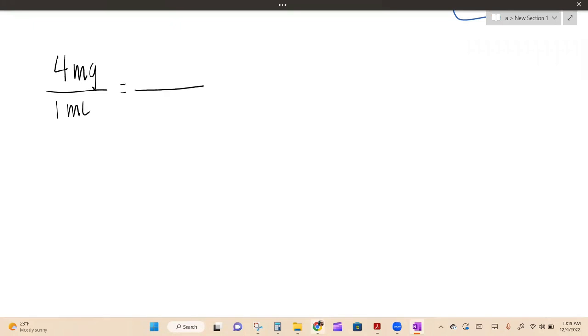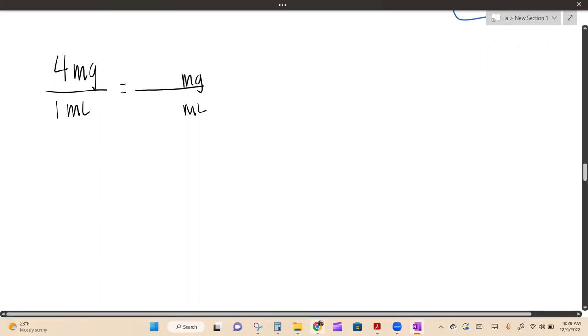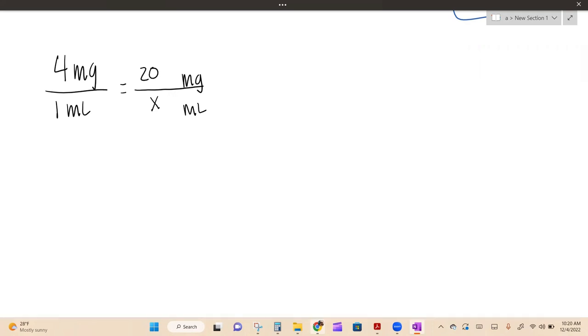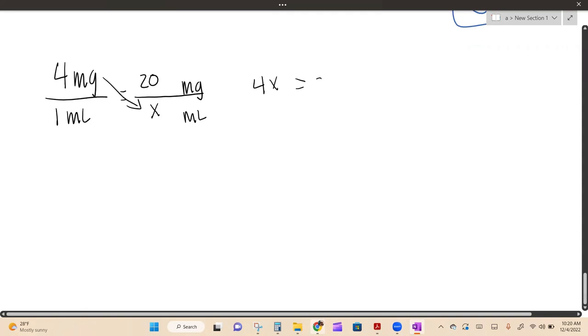And remember, we have to have the same units directly across, so milligrams should be here, milliliters should be here. We're trying to find out how many milliliters to give them for 20 milligrams. So we could write this as 4x is equal to 20 times 1.